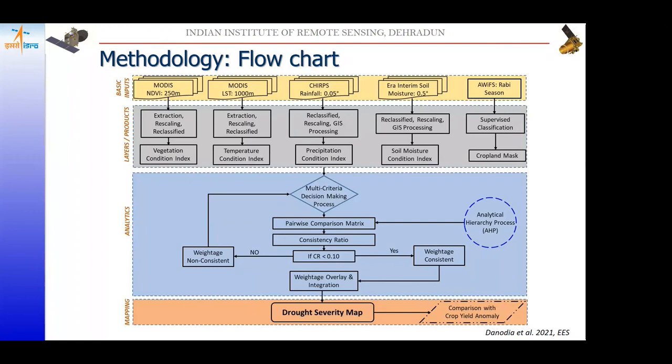Ultimately we compare it with the crop yield anomaly, using the Department of Agriculture, Ministry of Agriculture and Farmers Welfare data sets from their repository of crop yield or area-specific data. We first generate the crop yield anomaly, and compare it with the combined drought index or drought severity map of the particular area.